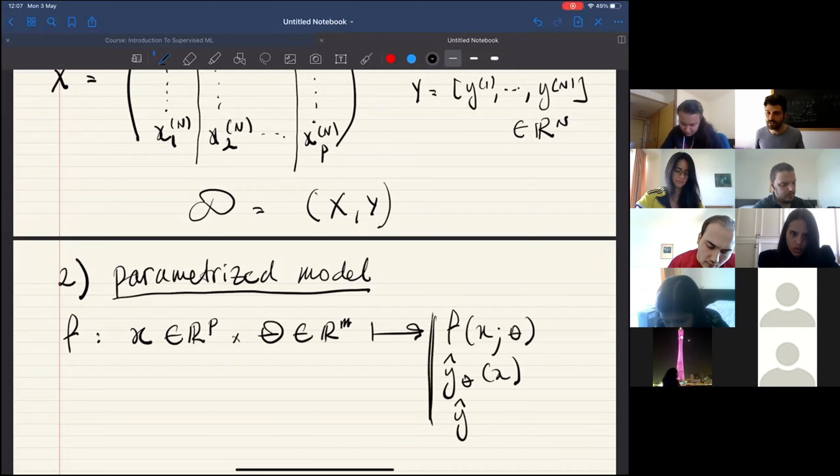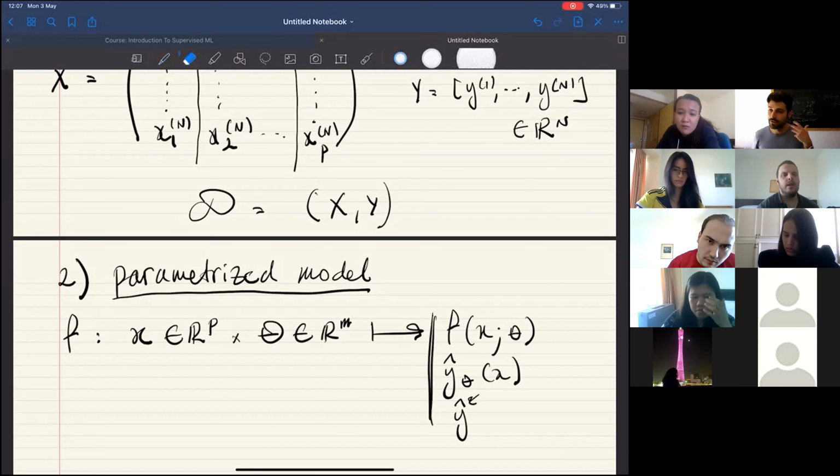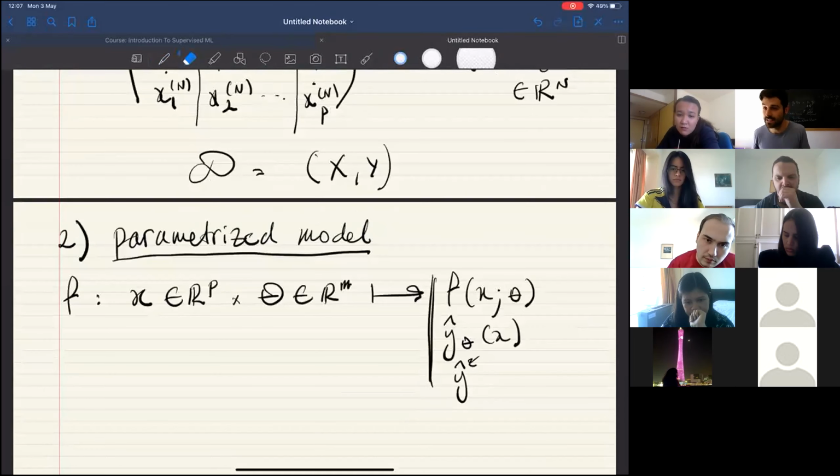These are just three notations for the same thing. The hat here is a standard notation in statistics. The hat means estimated. This is the estimate by the model of the output associated to the input X.